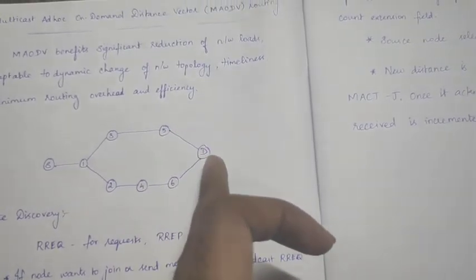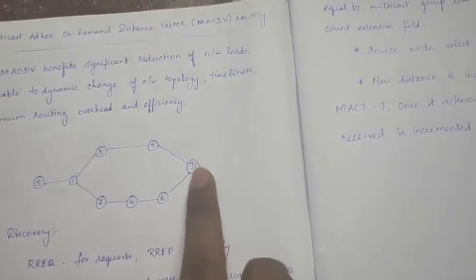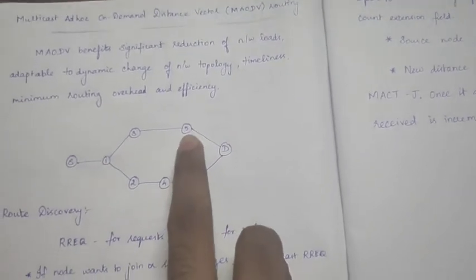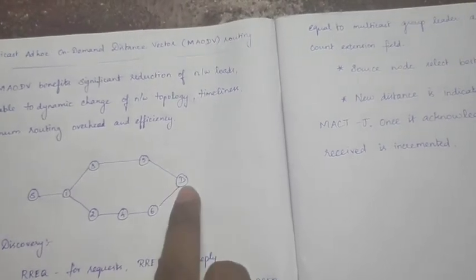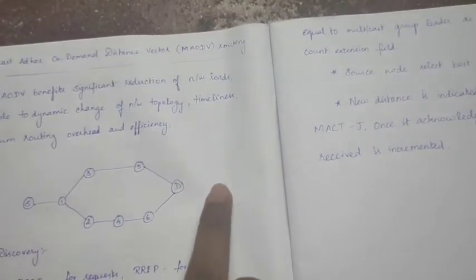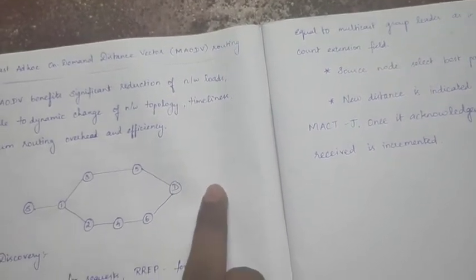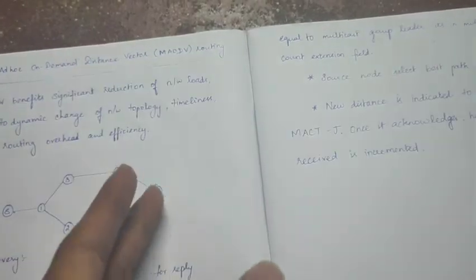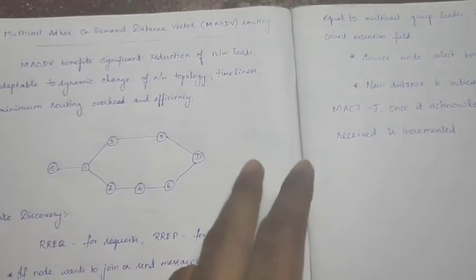So the hop count of the downstream node is 4, which is greater than that of the node which responded, so this node can respond to this message. But a node which has a hop count of 5 cannot respond to the RREQ message sent by D. So this also avoids time wasting, and it also minimizes the routing overhead.